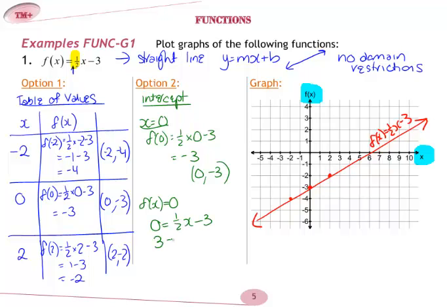Add 3 to both sides. 3 equals a half x, times both sides by 2. 6 equals x. So (6, 0). And you'll notice when I come across, there's the x-intercept, there's the y-intercept. A lot easier, I think. And also remembering x and y-intercepts are going to be critical values, so you need to find them for any function anyway.